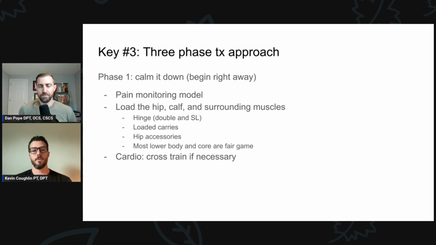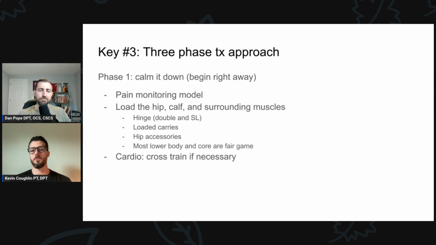So we can educate the patient on a pain monitoring model, and figure out how much we need to modify. And if we're in this phase, we still want to load the person. Like Dan was just saying, these athletes, we don't want them to have an identity crisis where they totally can't train at all. There's totally things we could figure out that can allow them to keep training.